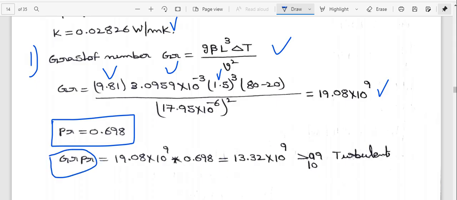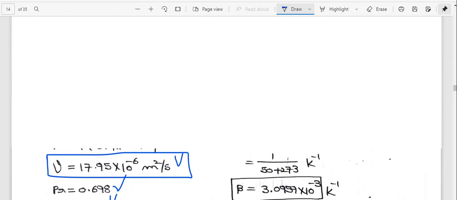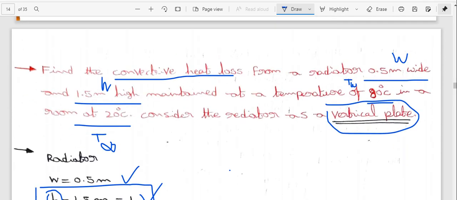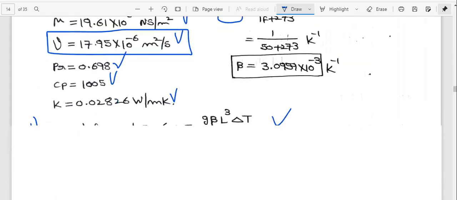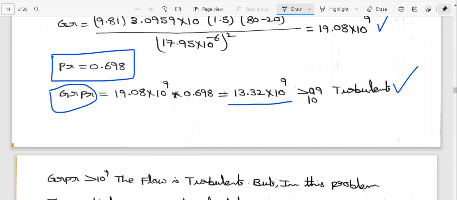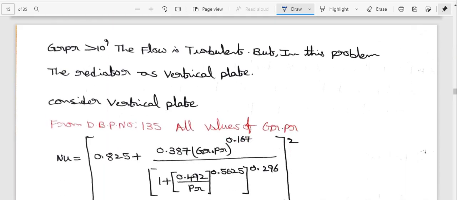This is also 13.32 into 10 power 9. This is greater than 10 power 9, that means turbulent flow. We need to calculate the convective heat loss. So this is the turbulent flow vertical plate.